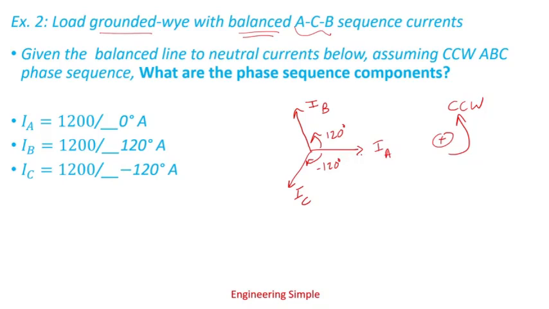If I draw the sketch here, phase A is at 0 degrees. B is at 120, which means it's this way because I'm assuming counterclockwise rotation. And C is at negative 120 degrees.